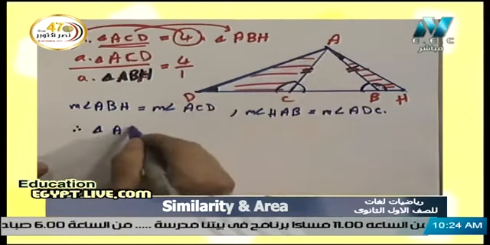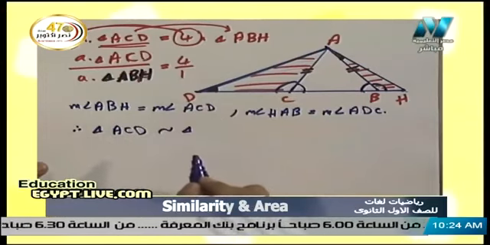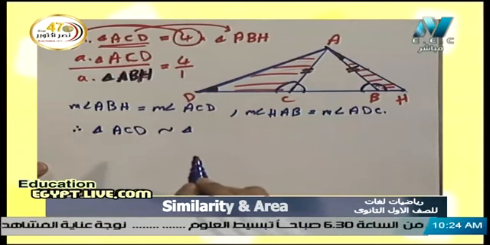ACD is similar to triangle, and concentrate about the corresponding vertices.